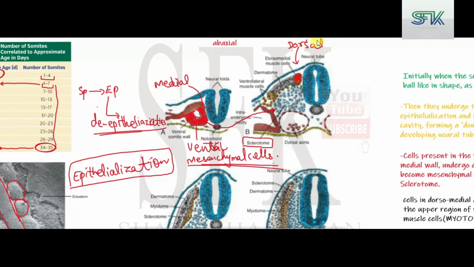So it's closer to both the dorsal end and the medial end. This component of the somites differentiates into a special structure, also one of the derivatives of the somites, called the myotome. To be more specific, since it is present near the dorsal and medial end, it's called the dorsomedial myotome, the dorsomedial component of the myotome.